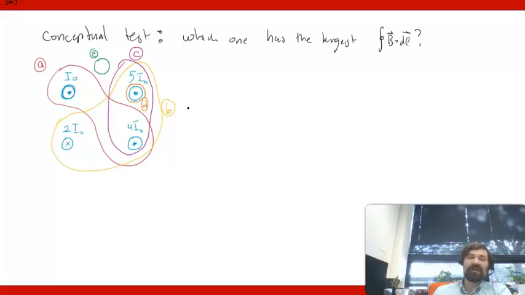D is this tiny loop that just barely surrounds the wire carrying the upper right corner 5 I naught. And then the 5th loop, loop E, is just this little loop out here. So which one do you think has the most value for B dot dl, and which one has the least? You should pause the video, think about it, maybe write down your answer, and then unpause to see what the answer is.